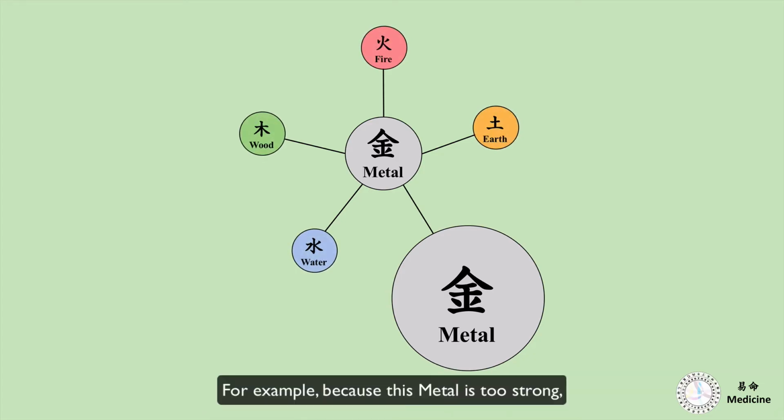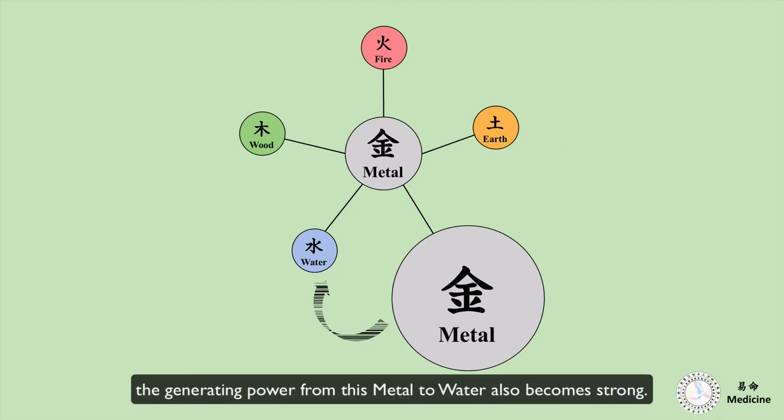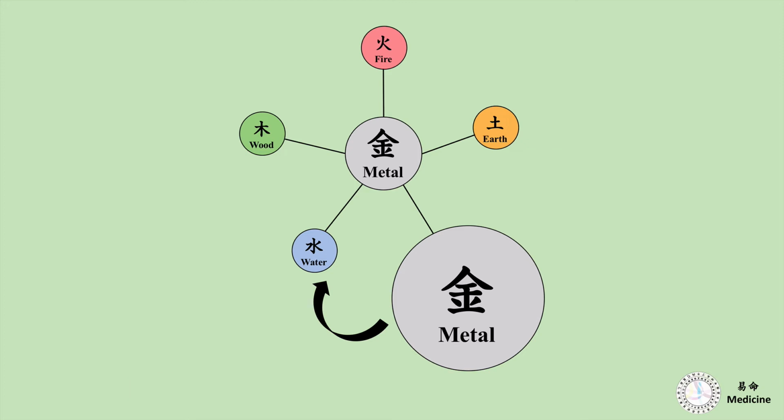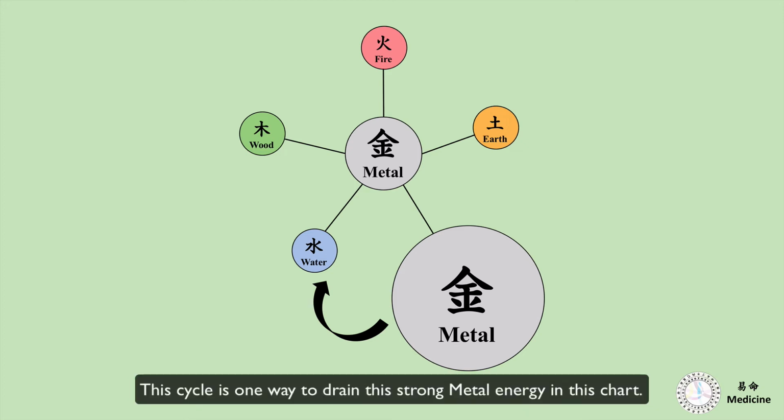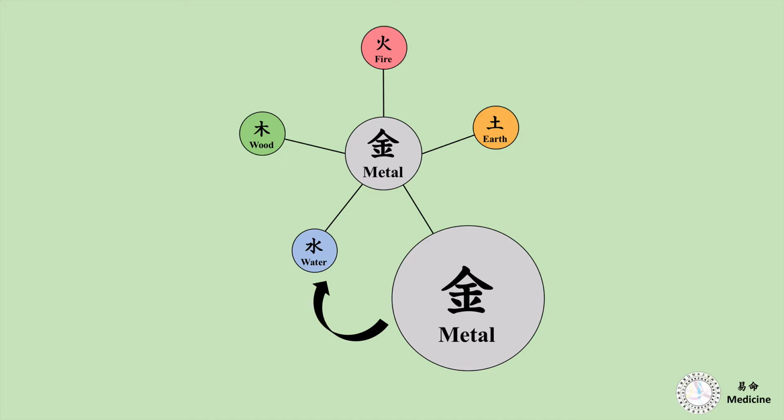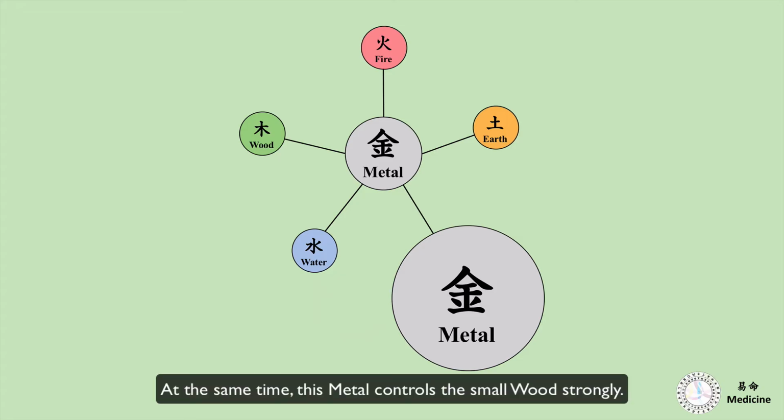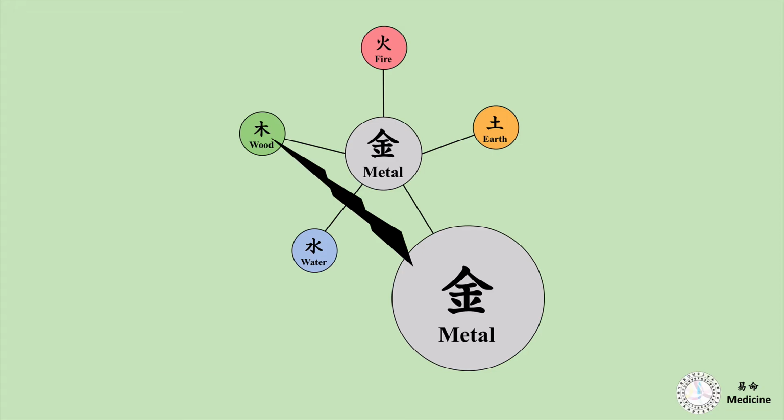For example, because this metal is too strong, the generating power from this metal to water also becomes strong. This cycle is one way to drain this strong metal energy in this chart. But at the same time, this metal controls the small wood strongly.